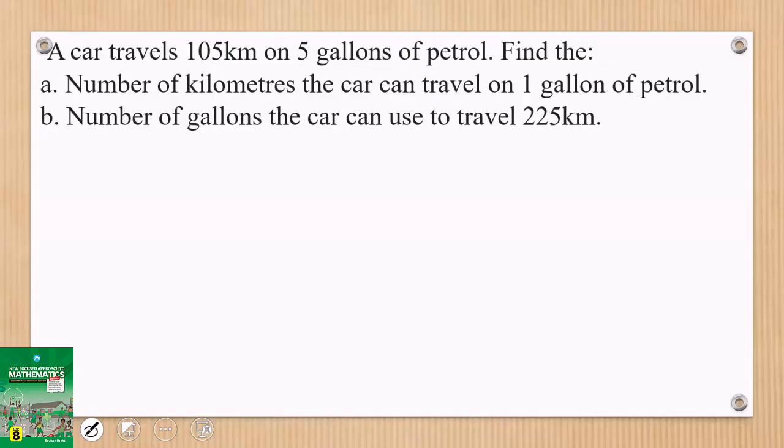So if the car travels 105 kilometers on 5 gallons, then if I want to know how many kilometers it travels on 1 gallon, I'm just going to do 105 kilometers divided by 5 gallons.